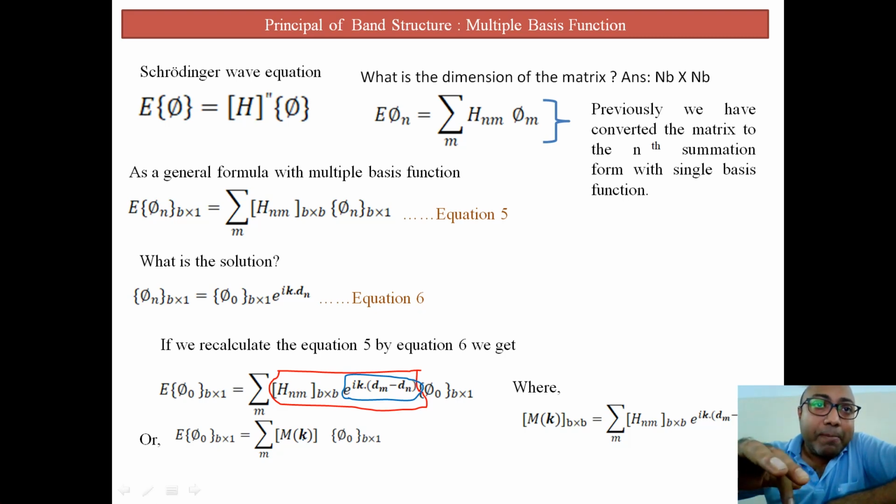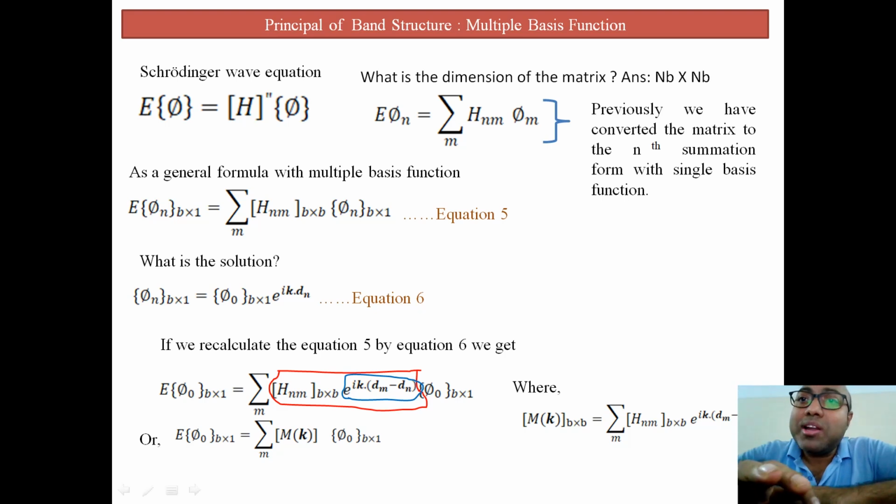Now what is MK? You see this is my MK. I have given it another name just to replace this expression, and this is MK. So MK is HNM B cross B e to the power IK DM DN. How to deal with DM and DN, we already studied. Everything we actually know.